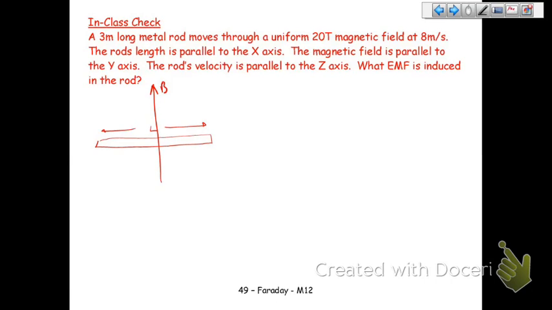There's my B. And the rod's velocity is parallel to the z-axis. There's my velocity. And I like to just write y, x, z, just to remind myself that's a three-dimensional view.